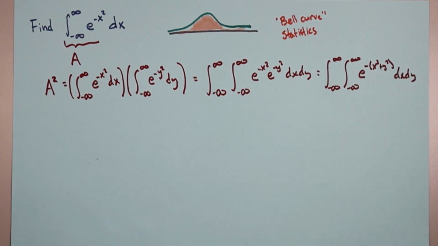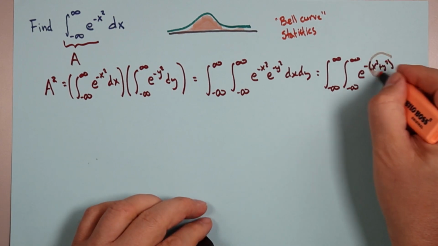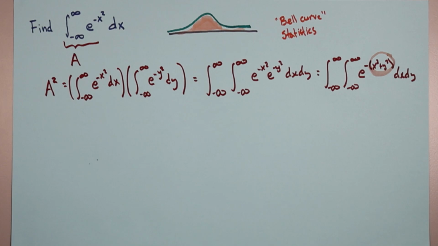When you have exponential functions, you add their exponents. And now we start seeing some bells in the back of our head going off. And we're like, hey, we know how to handle things with x squared plus y squared. In fact, we've seen a problem highly similar to this very recently. So our great aha is, let's switch to polar.